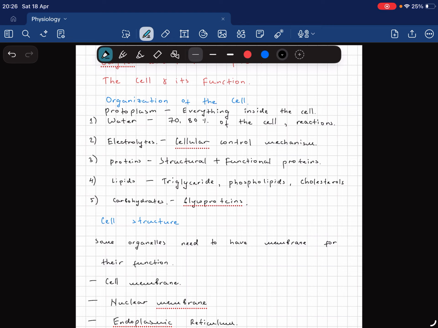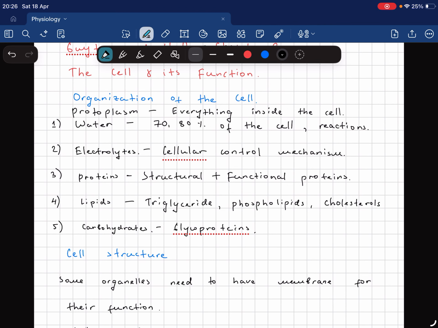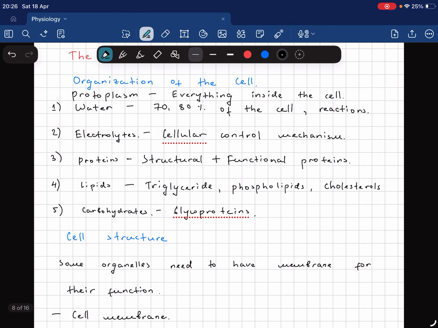The first thing that Guyton talks about is the organization of the cell. In this blue topic, it emphasizes 5 important things, which are the components of the protoplasm. Protoplasm means basically everything inside the cell.